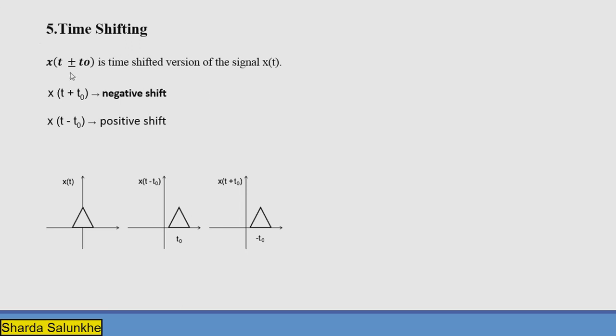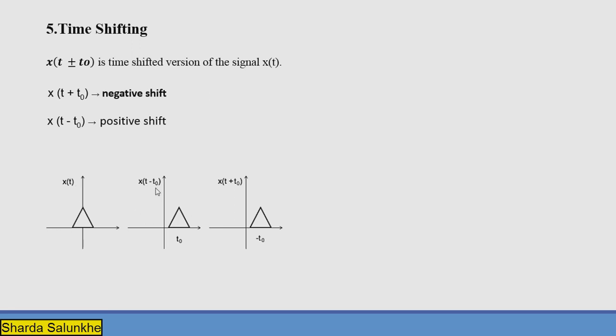That is, x of t plus or minus t0 is the shifted version of the original signal x of t. If x of t plus t0, you get the negative shift, and x of t minus t0 gives the positive shift. This can be explained in this figure.